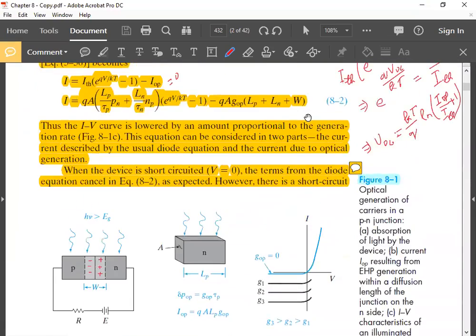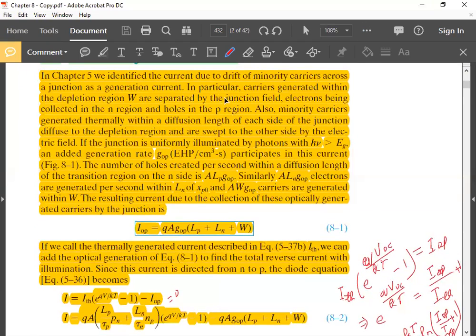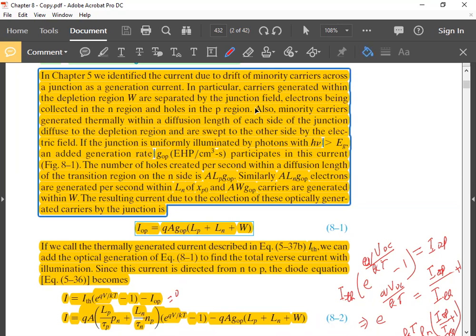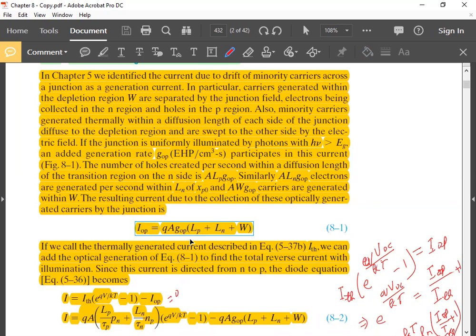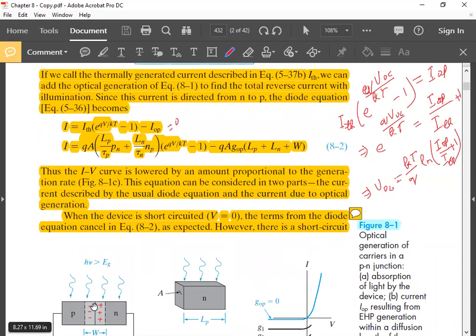So let's go back to our discussion here. Those things actually are mentioned here. In particular, carriers generated within the depletion region W are separated by the junction field, electrons being collected in the N region and holes in the P region. Now you should understand this, right? Electrons will go to the N side, as I showed. Electrons will go to the N side, holes will go to the P side, those which are generated in the depletion region.